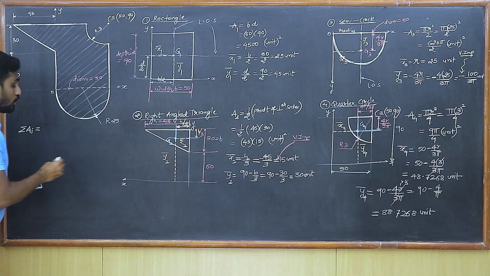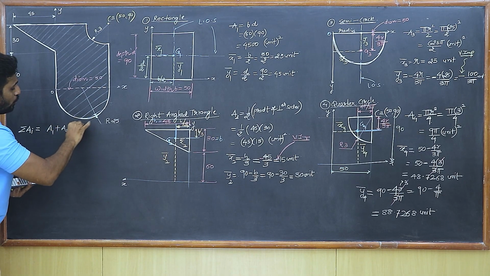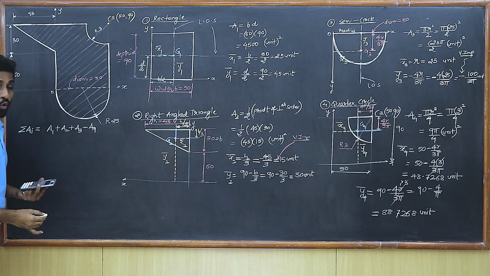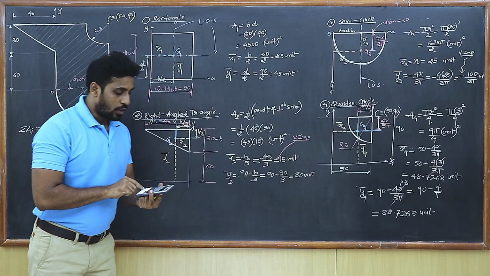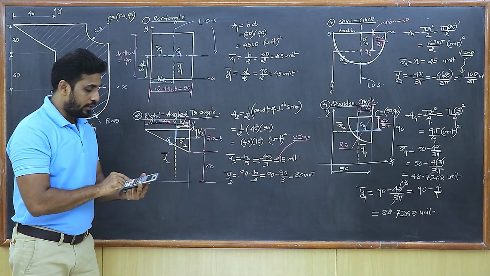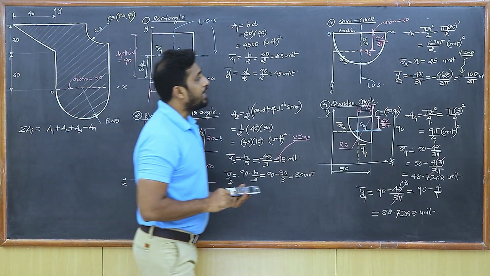So here I'm going to write summation of AI as what? It is going to be A1 plus A2 plus A3 and minus of A4, isn't it? So what's A1 value, students? A1 value is 4500. So I write 4500 here, then plus the value of A2, which is 45 into 15. So that's the value of A2. Then what's the value of A3, students?